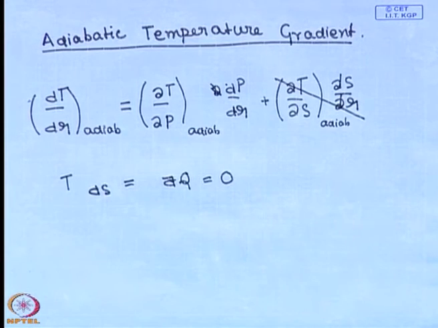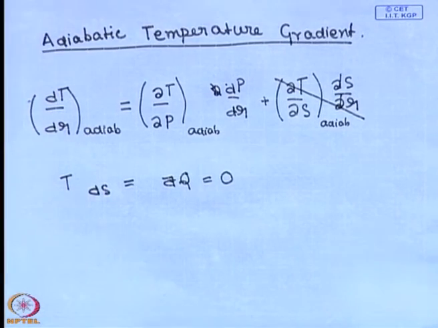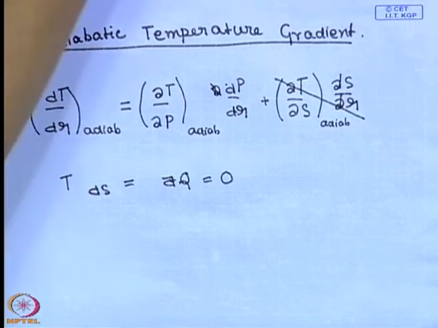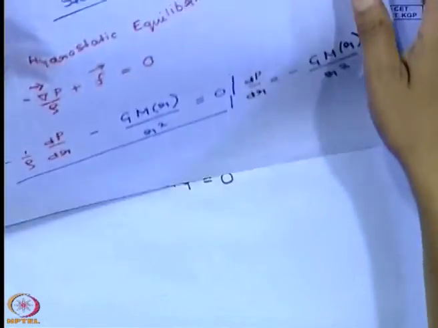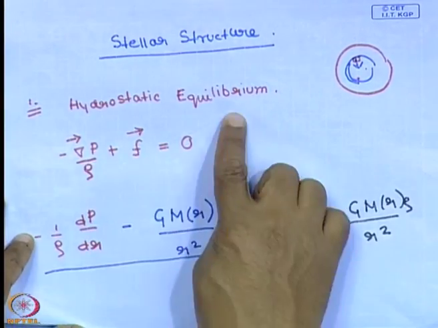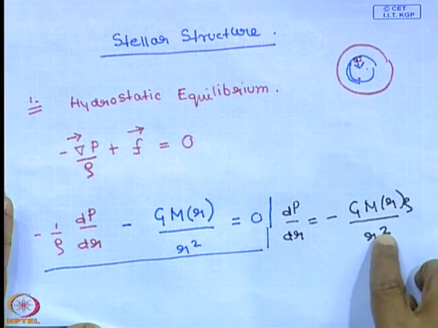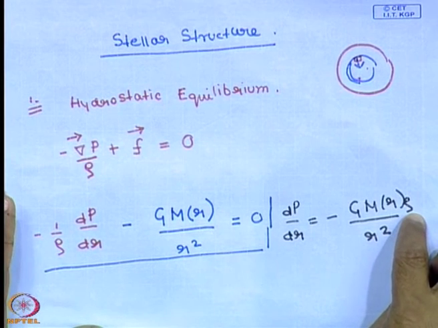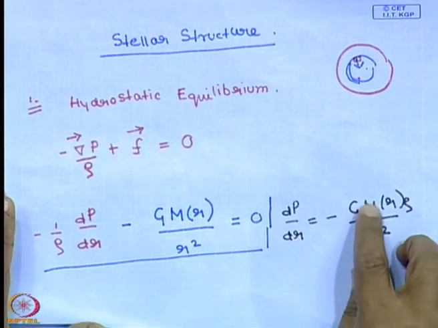And for the pressure gradient, we already have an equation. Let me show you that equation, that was the hydrostatic equilibrium. This is the pressure gradient, dP dr is the gravitational acceleration of the matter inside into the density.